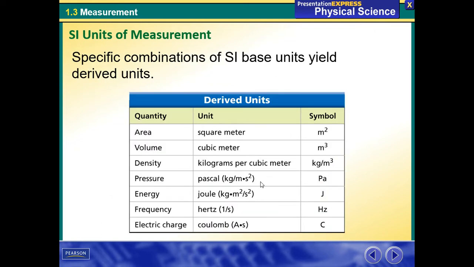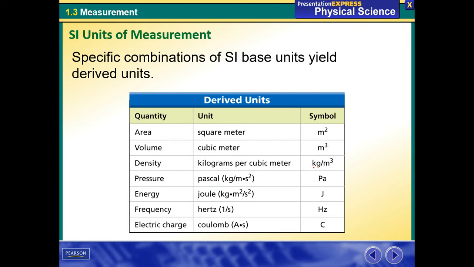Here are common derived units that come from the base units we learned about a couple slides ago. For example, area is a derived unit of length times length. That's how I got my meter squared. Volume is a derived unit, and it comes from length times length times length to get my meters cubed.